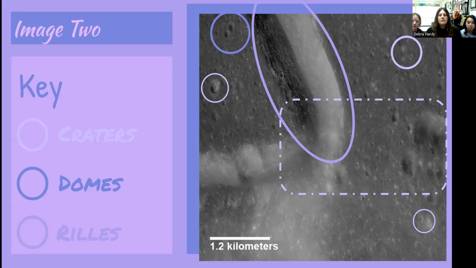Over time, if enough small impacts hit the top or near it, or a big one hits near it, that will cause the roof to collapse. Then you're left with this channel that used to be filled with lava. If you look really close into here, you can see it littered with boulders and rocks on the floor of it.